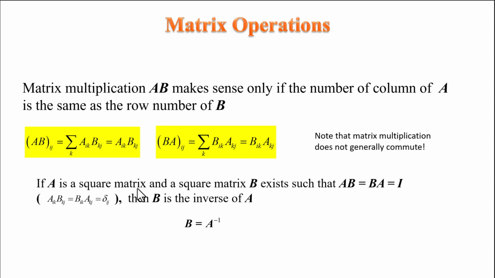If A is a square matrix and another square matrix B exists such that A multiplying B equals B multiplying A and equals the identity matrix, then B is said to be the inverse of A, and it's denoted by this symbol.